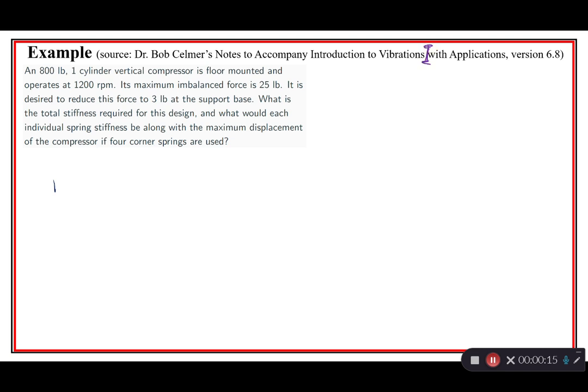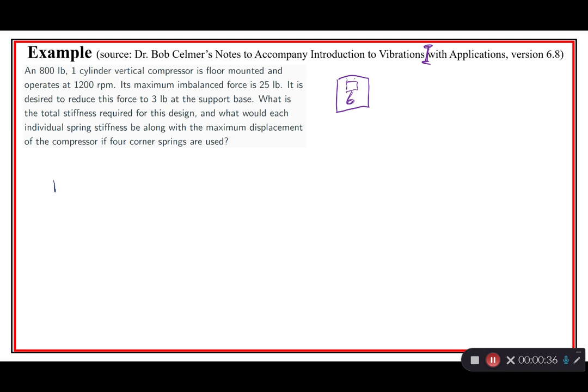One. So we have an 800-pound single cylinder vertical compressor. There's a piston inside there. So he's compressing air, making compressed air, or it could be refrigerant compressors.